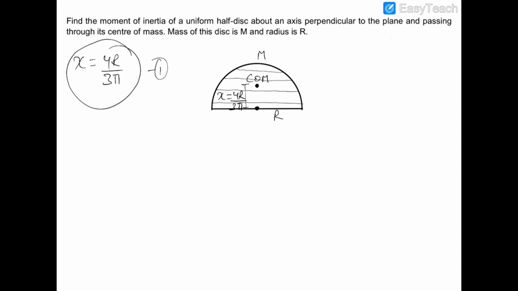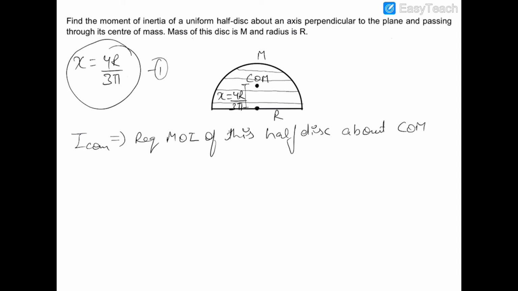Now let us assume that ICOM is the required MOI of this half disk about the COM axis. So let us apply the formula for the parallel axis theorem. Let us name these axes: this is I dash and this is ICOM.